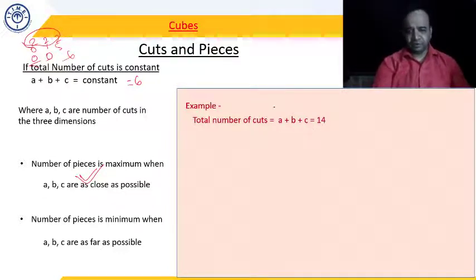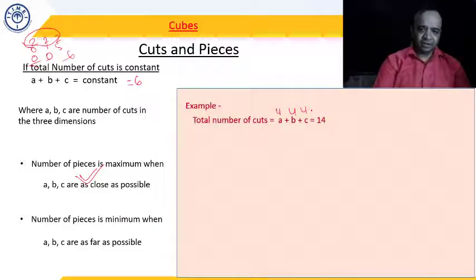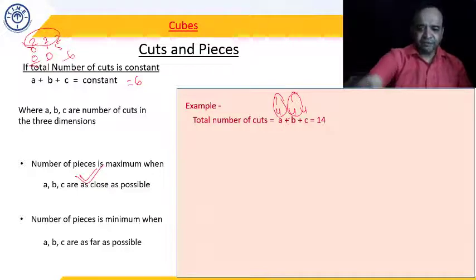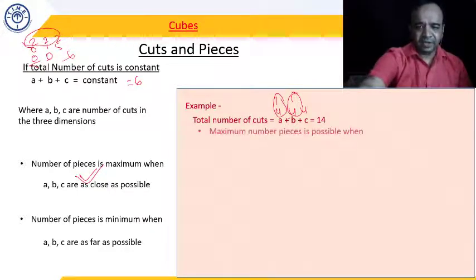So the distribution will be like 4, 4, 4. Now the remainder is 2. This 2 should also be divided equally in as many directions as possible. So this 2 can be divided in 2 more directions, 1, 1. So the distribution becomes 4 plus 1, 5, 4 plus 1, 5, and then 4. So the distribution will be like 5, 5, and 4, or 4, 5, 5.